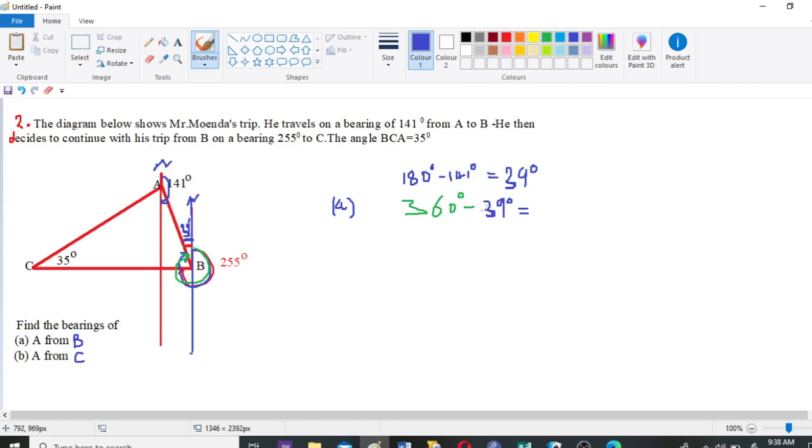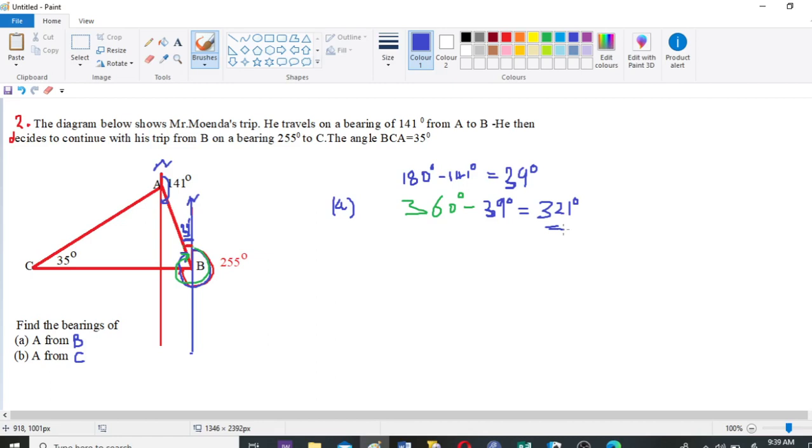So if we subtract now 360 minus 39, it's giving us 321, right? So 321 is my bearing of A from B.